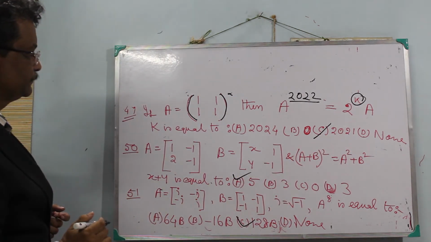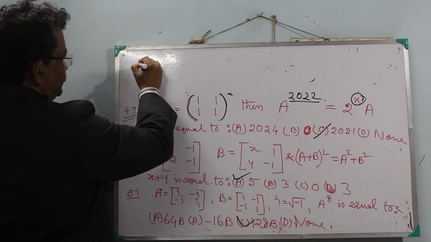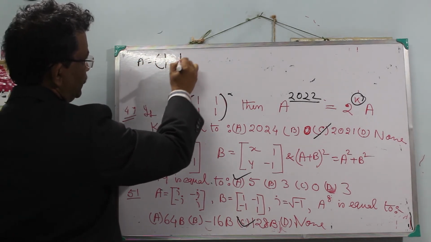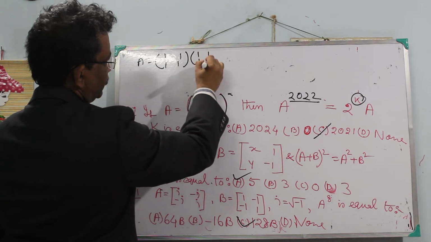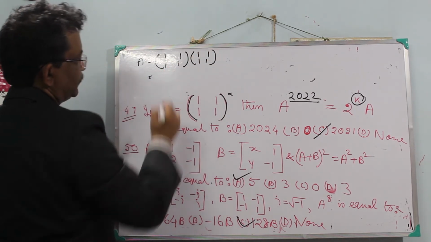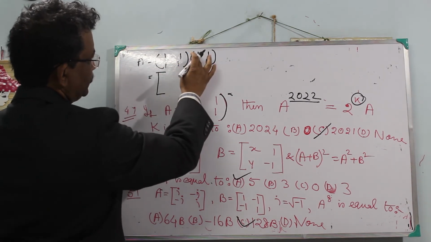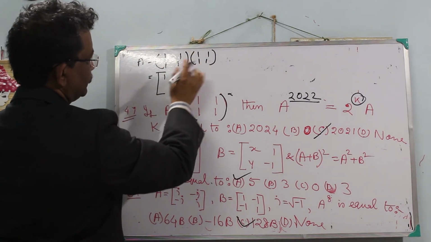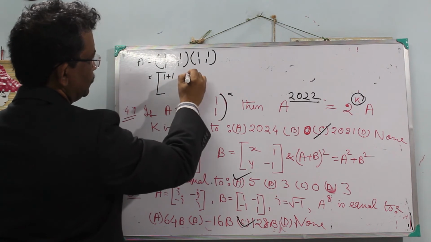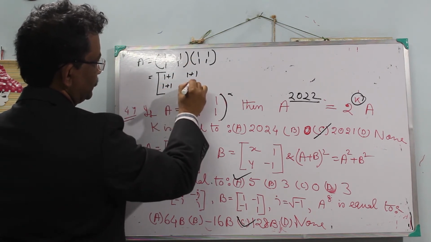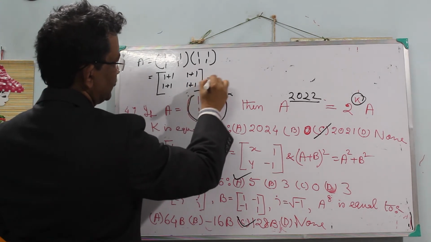How? Let's see. A square is equal to A into A, that is 1 1 1 1 into 1 1 1 1. By matrix multiplication, this becomes 1 plus 1, 1 plus 1, 1 plus 1, 1 plus 1.